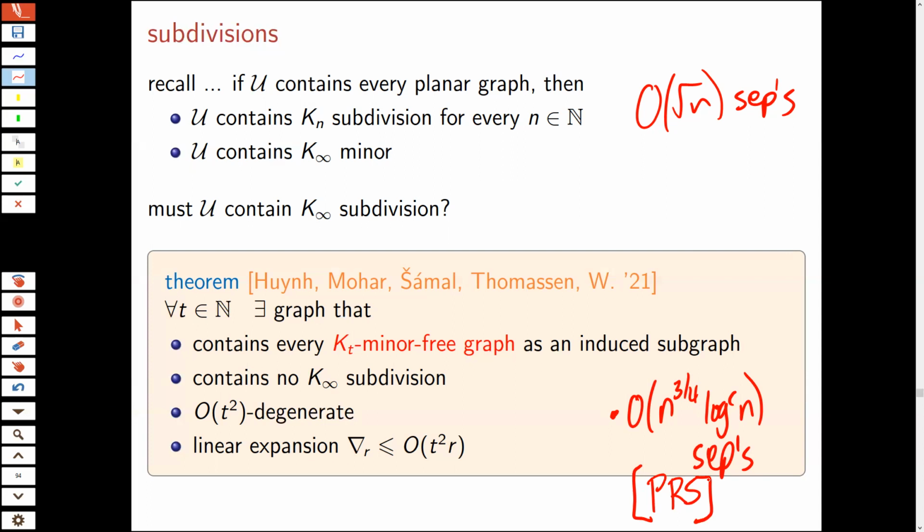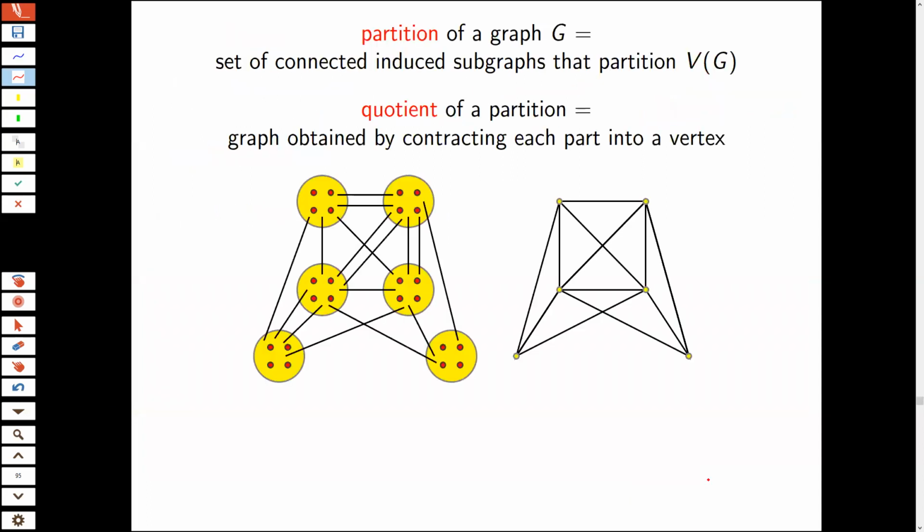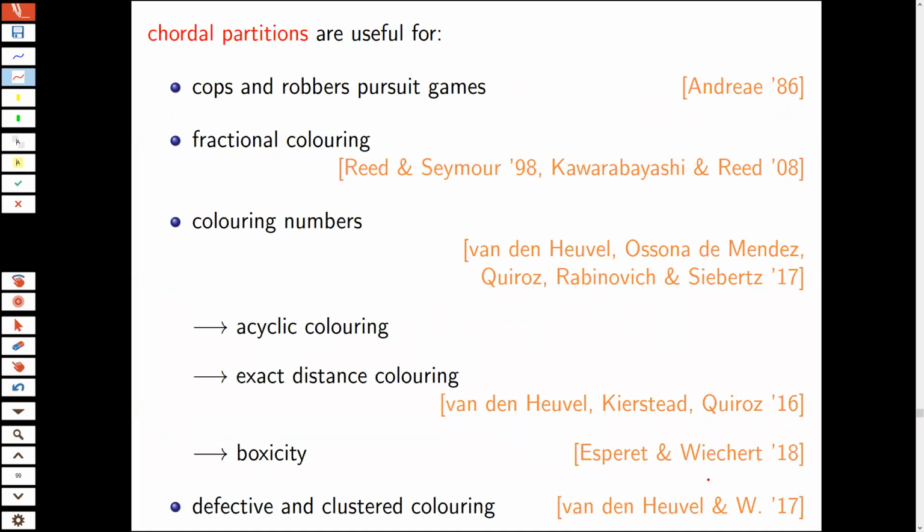Thanks. Now, yeah, so I'm short of time, so I don't want to say much about the proof, except to say that it uses something called chordal partitions, which is one of my favorite topics. Chordal partitions are an incredibly useful definition, essentially, and it's been used for all sorts of things. It was originally used by Andre, then rediscovered by Reed and Seymour in their paper on fractional coloring.